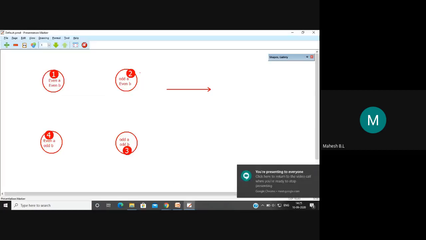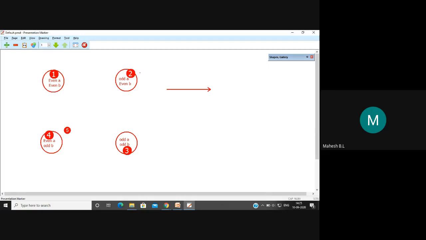So 4 is the final accepting state, because our language must accept the string when there are an even number of A's and an odd number of B's. This state corresponds to the strings with an even number of A's and an odd number of B's. So whenever the DFSM is in this state after processing the entire string, you know that the string belongs to the language.